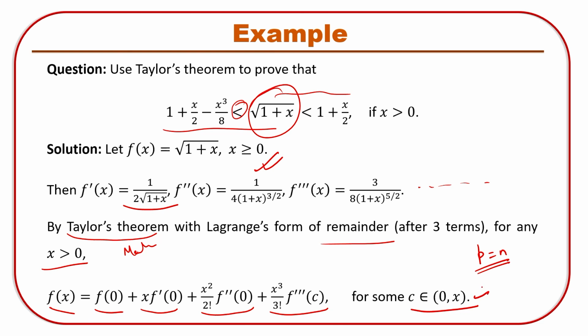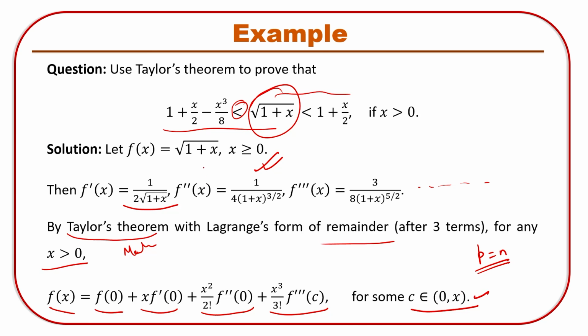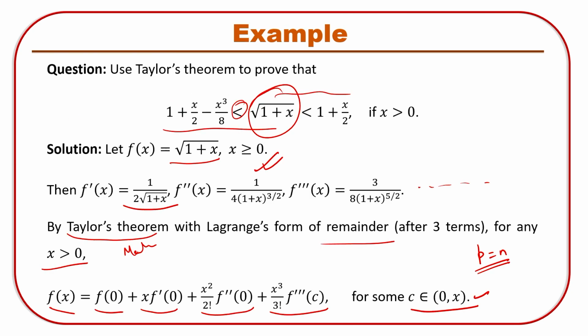Putting in the values, f(x) equals the square root of 1 plus x, and this becomes 1 plus x by 2. See here, f dash of 0 is 1 by 2 into the square root of 1, right, and f double dash of 0 is 1 by 4 into (1 plus x) power 3 by 2, and so on.